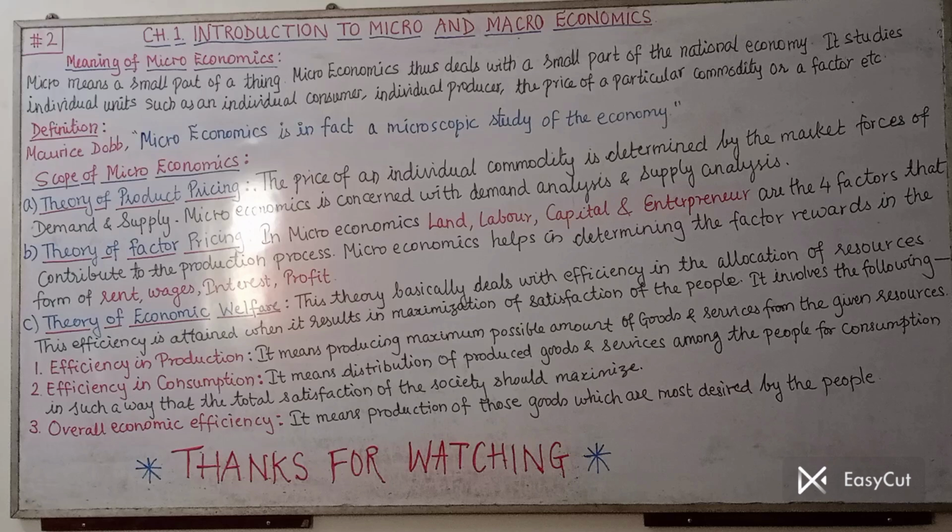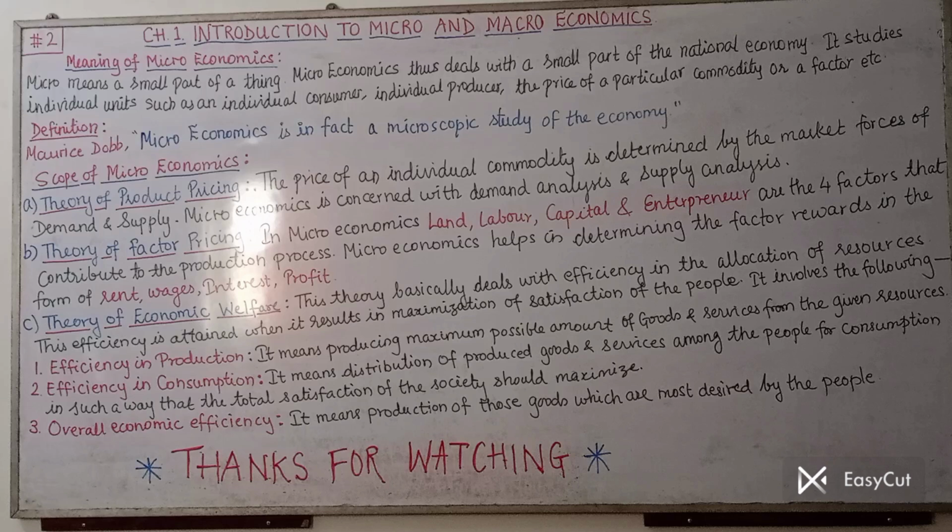So thereby microeconomics helps in the theory of factor pricing. Which are the factors of production? Land, labor, capital, entrepreneur, and their factor prices are rent, wages, interest, profit. I hope this is clear.